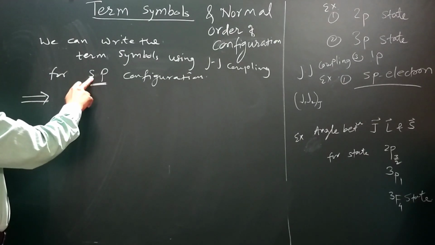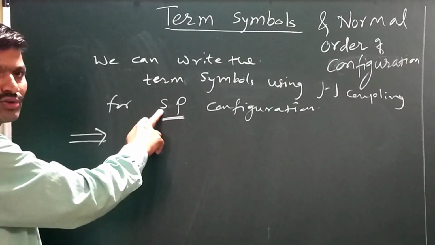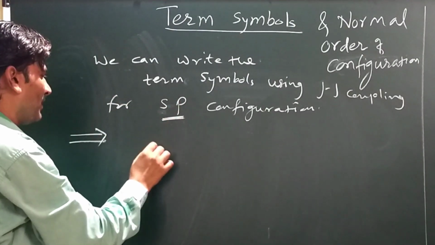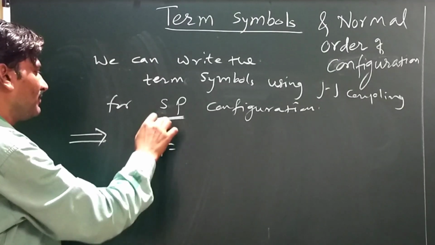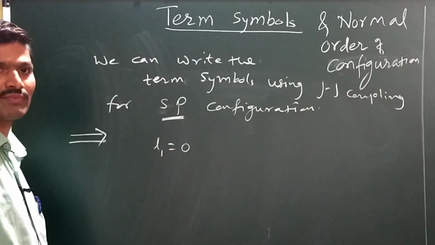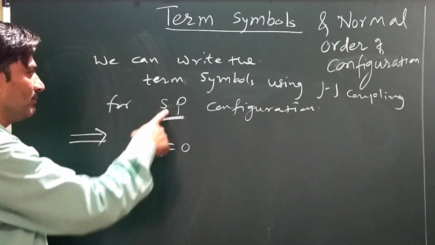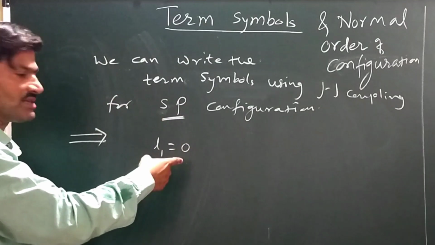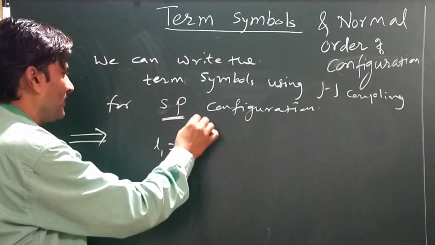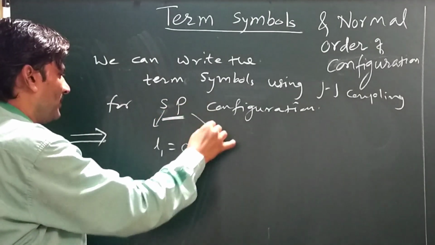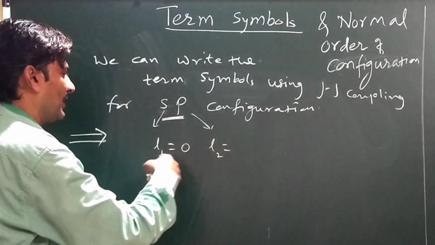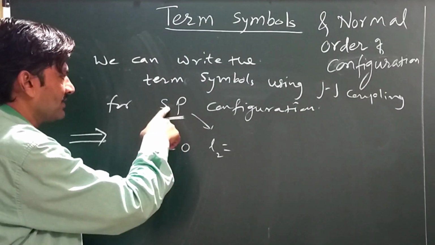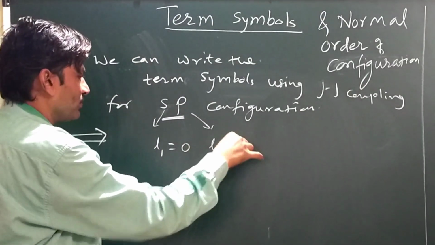One electron is in the S state, so L1 equals 0, and the other is in the P state, so for P we write L2, which equals 1.